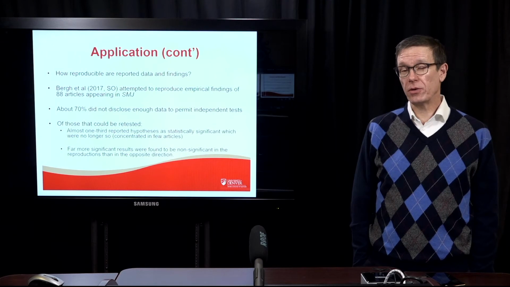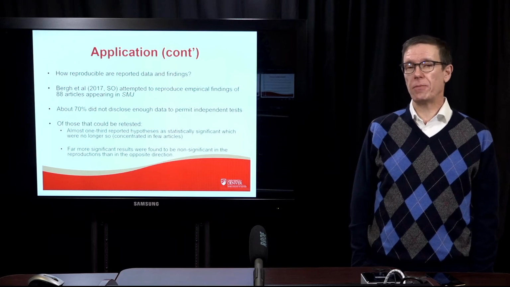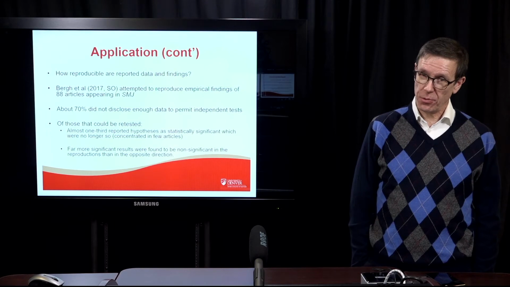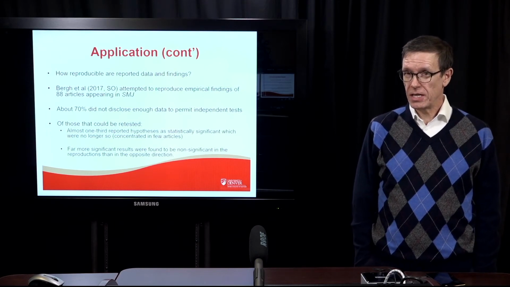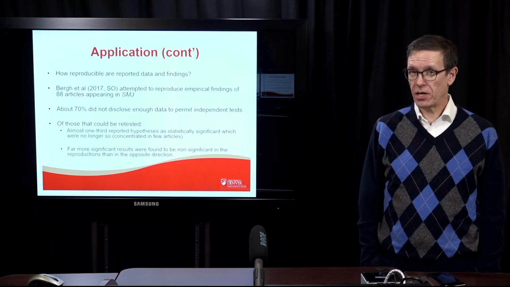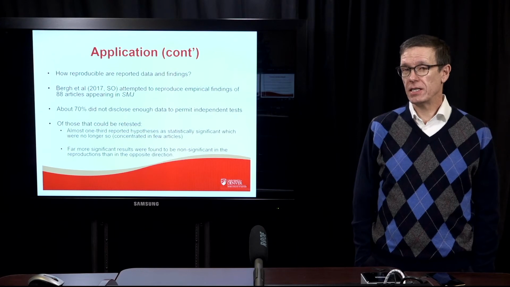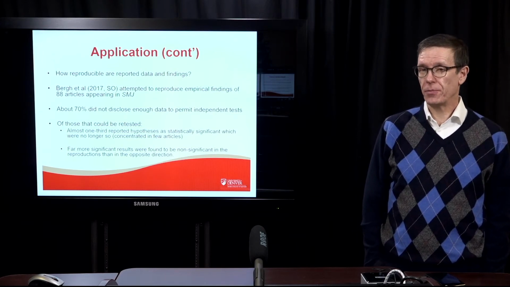And unfortunately, what we found in digging into those is that more of those previously significant results became non-significant than non-significant results reported in the focal article becoming significant. So that's somewhat consistent with what Goldfarb and King found, where they report 25 to 40% of coefficients seem to be outside of what the expected range would be. So for us, it's about 1/3.